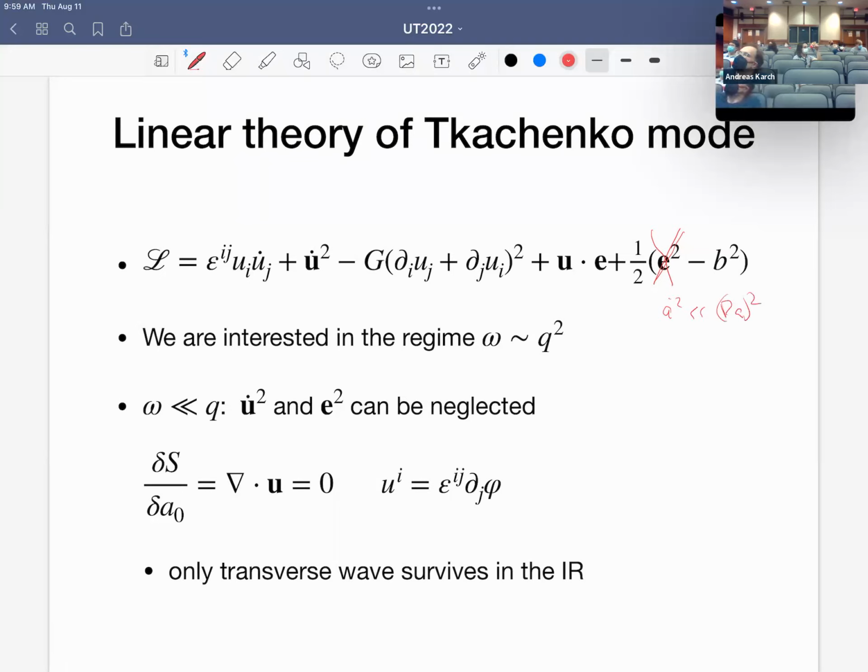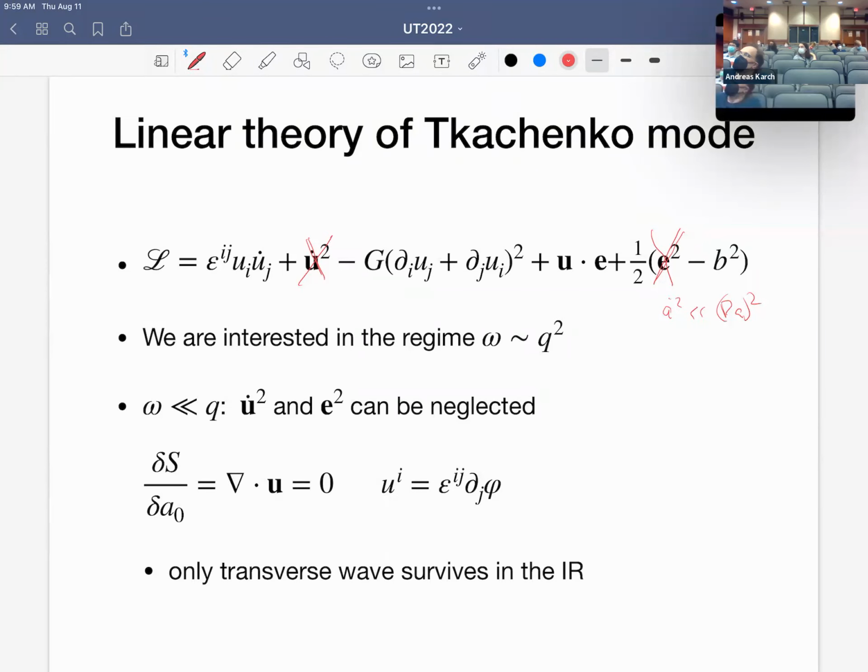So we can cross out E squared. Another term that we can cross out is U dot squared. It's small compared to both of the terms on the left and on the right. The first term has one time derivative and the second term has two spatial derivatives, which is better than two time derivatives.